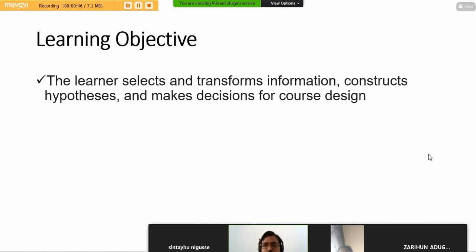Okay, so as course instructors, as course designers, you have whatever information, maybe some handouts, some notes, some instruction materials. How are you going to use that for the course, or how to transform that information in a constructive way, in order to make a decision for designing a particular course?